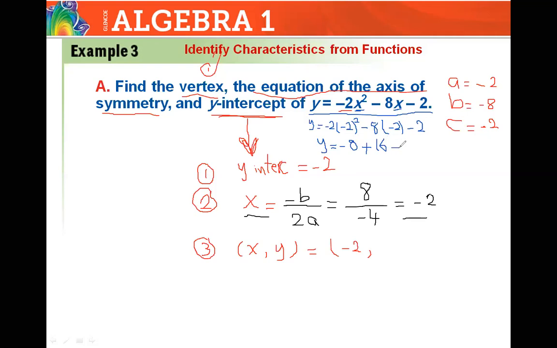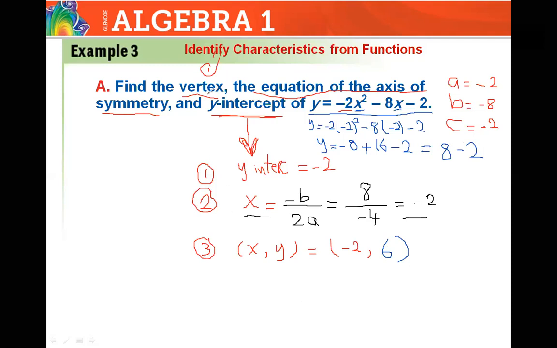And then minus 2. Can you collect the numbers and give me the result? Negative 8 plus 16 minus 2 equals 6. So the value of y here becomes 6.